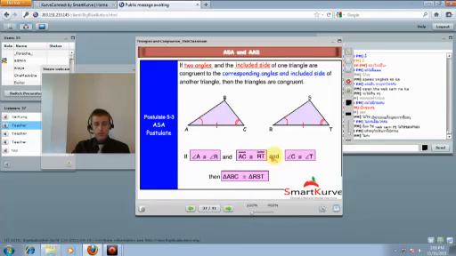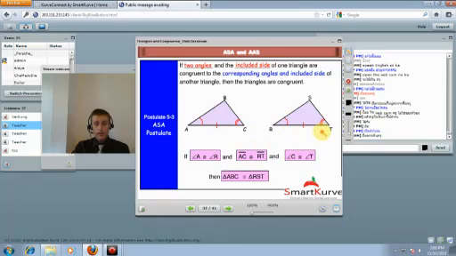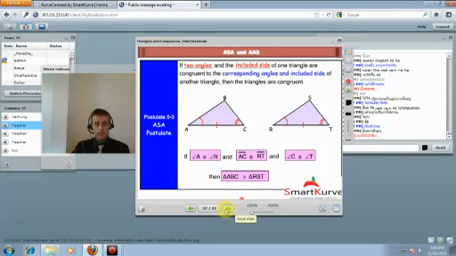We see one angle congruent, the included side congruent, and the other angle congruent. Thus, angle, side, angle applies, and we know that they are congruent triangles.